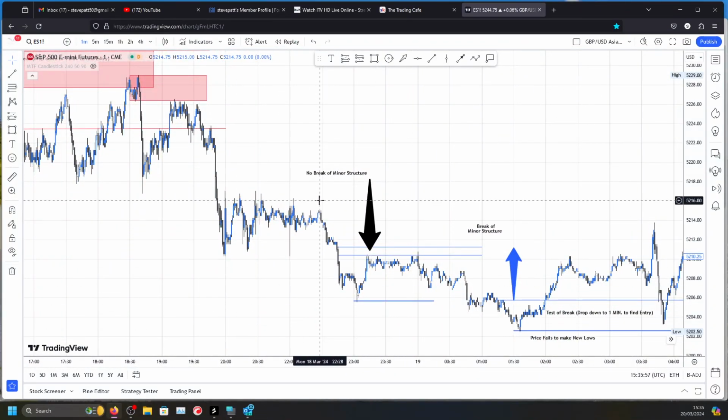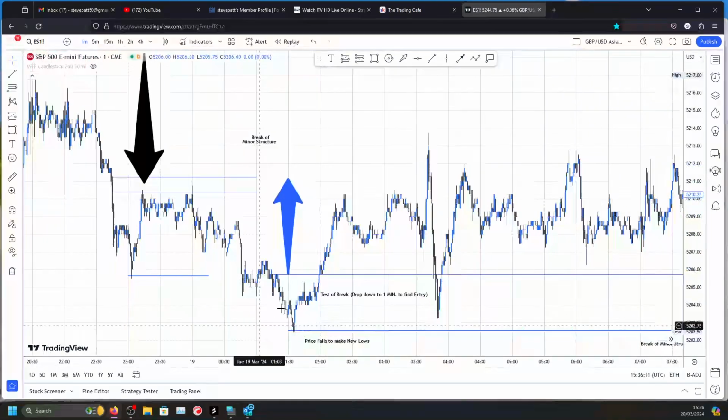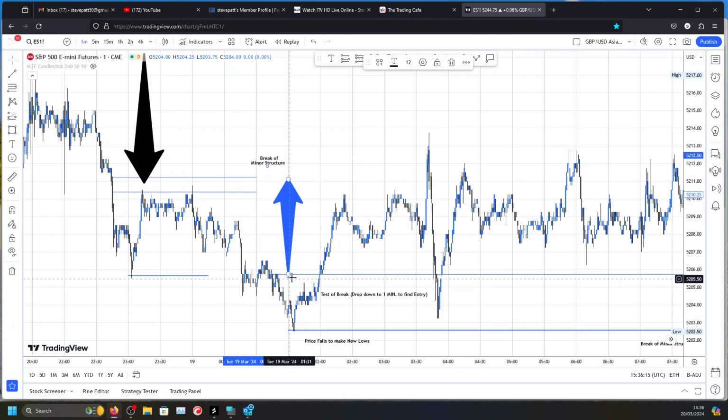And this is the, you see at this point, price was failing to make a new low, but it was failing to break through minor structure. There's no break in minor structure. And we get that break in minor structure here. Price comes up and breaks through minor structure.